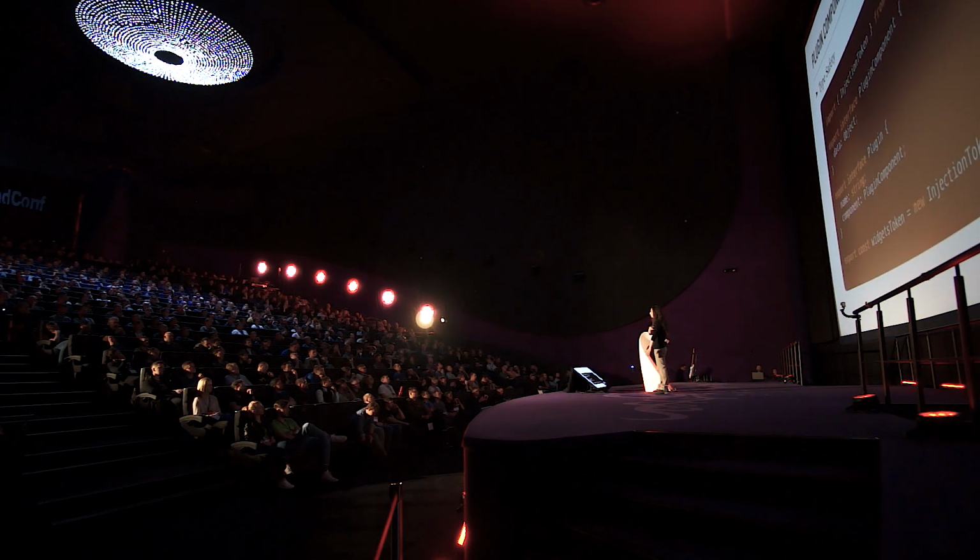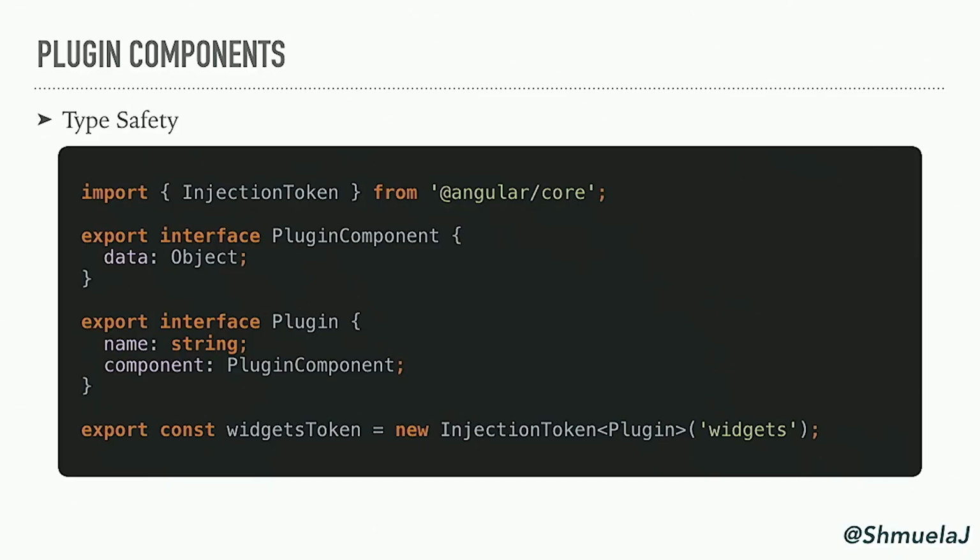And if you want to be a bit more safe, then you can create an interface for this component and also use an injection token instead of the string. And this injection token will be used both in your application and in the ng module itself.